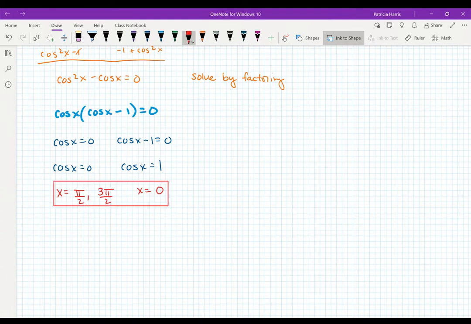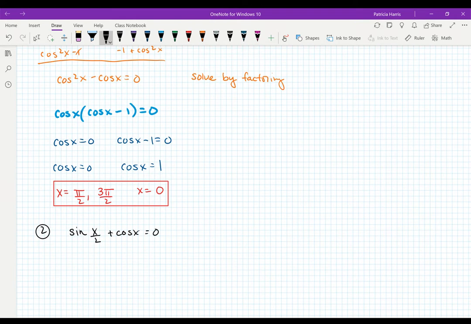Not too bad. Okay, so now we're going to do the next one. So this one will be sine of x over 2 plus cosine x equals 0.